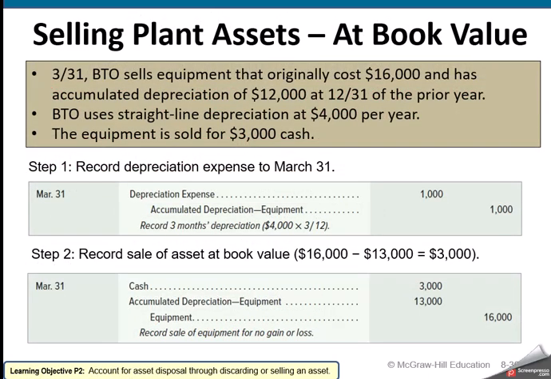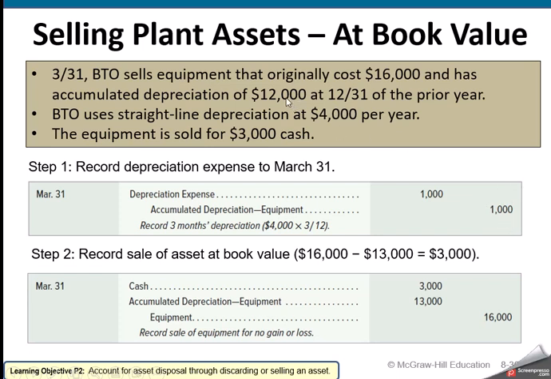Now we're going to sell it, so not just throw it away. So we still have to do that first step, bring our depreciation up to date. So in this case, we are selling it on March 31st, so there's 3 months. So if it's $4,000 depreciation a year, multiply that by 3 divided by 12. We're going to record $1,000 worth of depreciation expense, increase our accumulated depreciation by that $1,000.